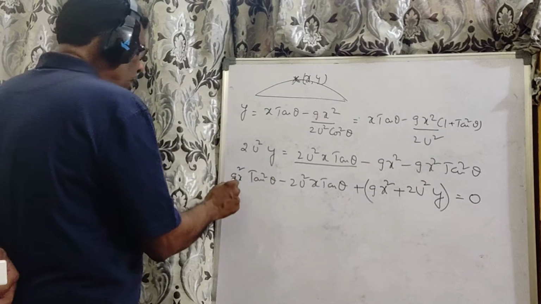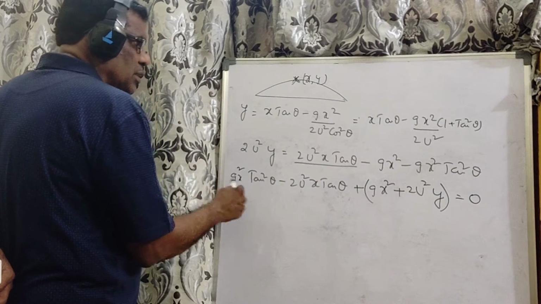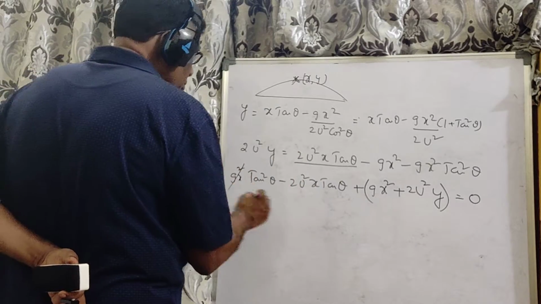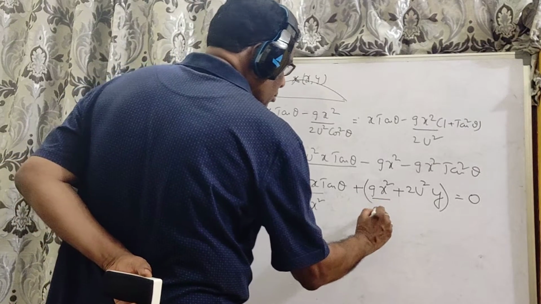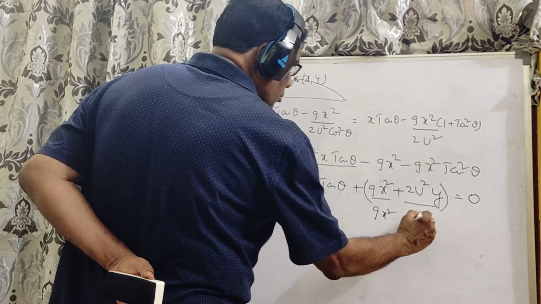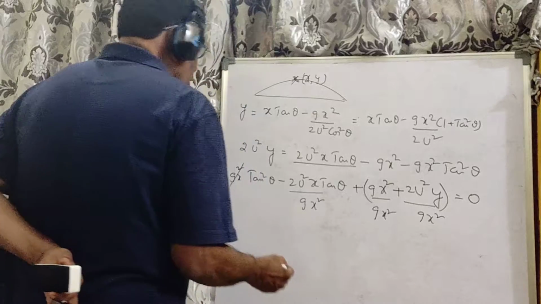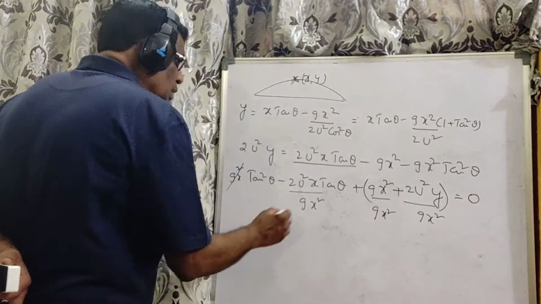Now I divide with gx square throughout. On this side it still becomes 0.